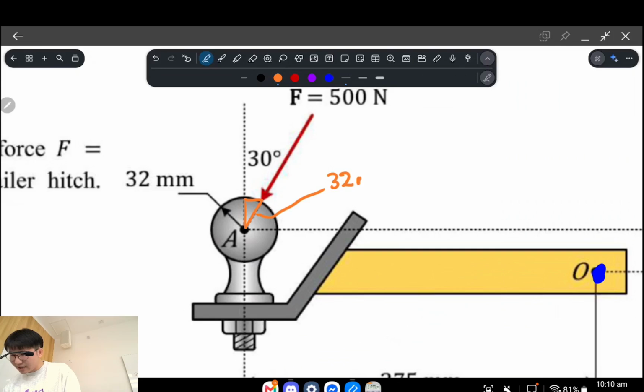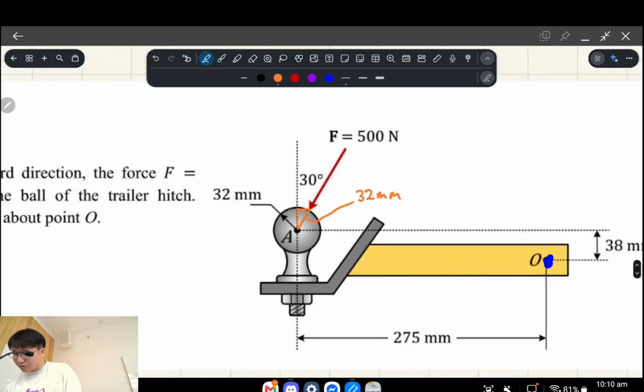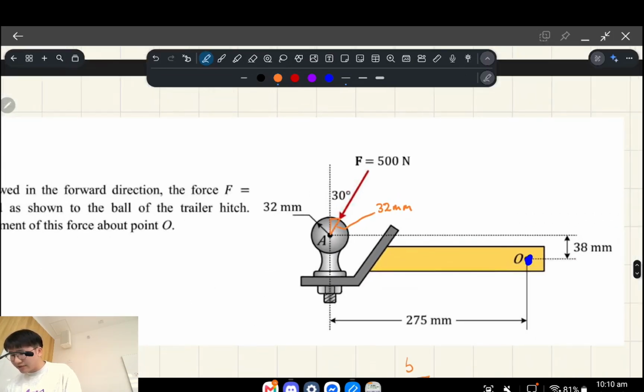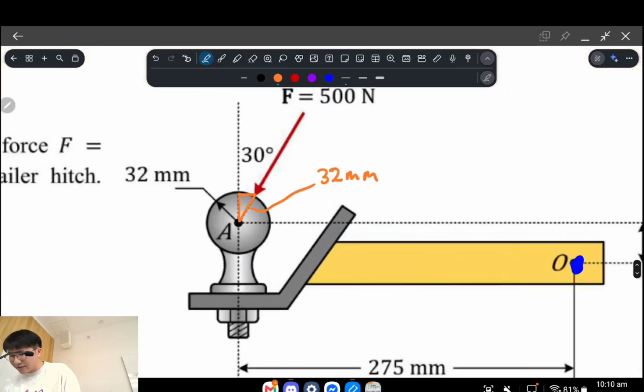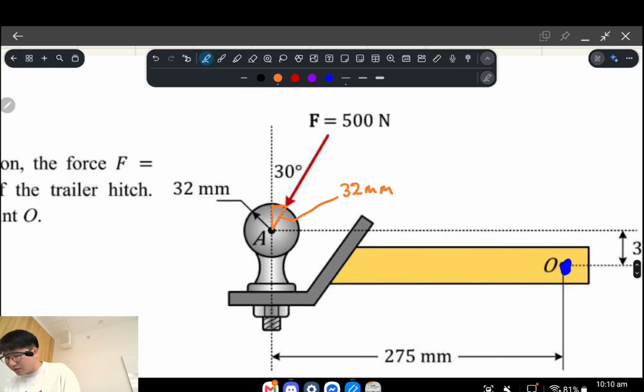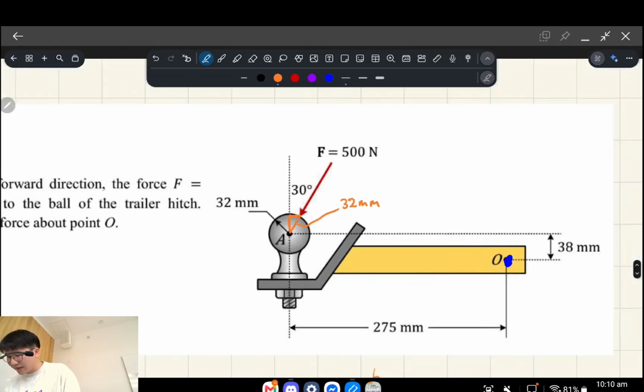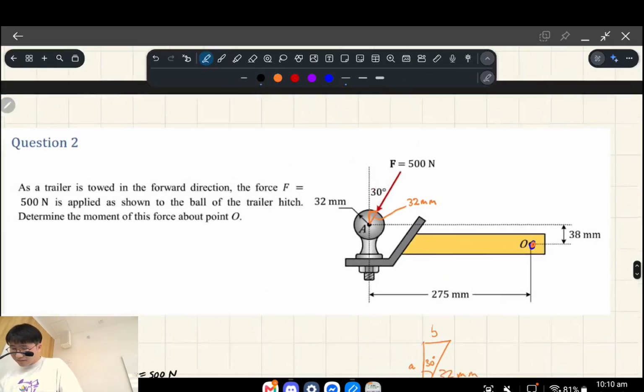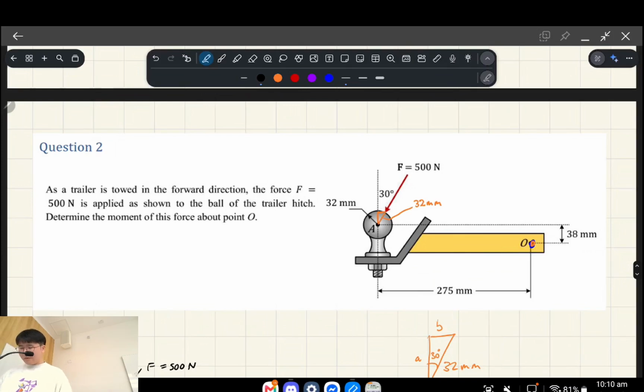We know this is a 32 millimeter radius, and so the difference in the horizontal and vertical components will affect the lever arm, which we take about O. There are basically two parts to this question: splitting the force into its X and Y components, and considering the lever arm, or the geometry of the problem.